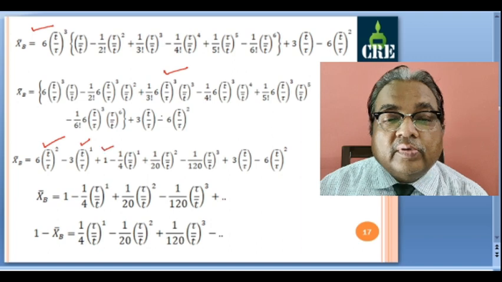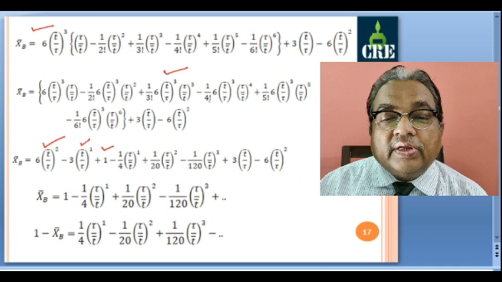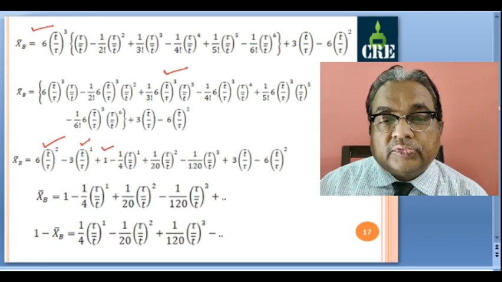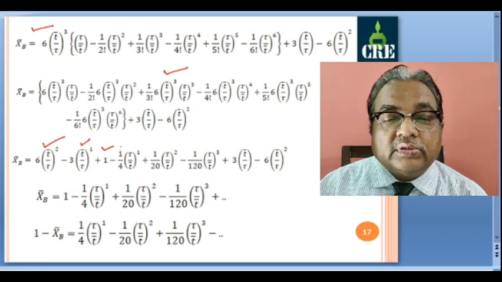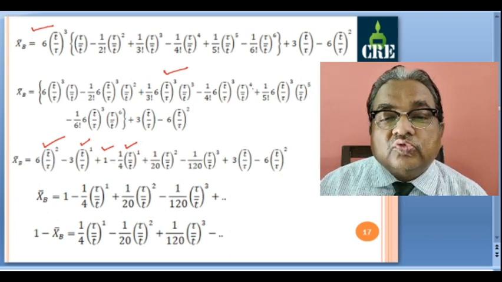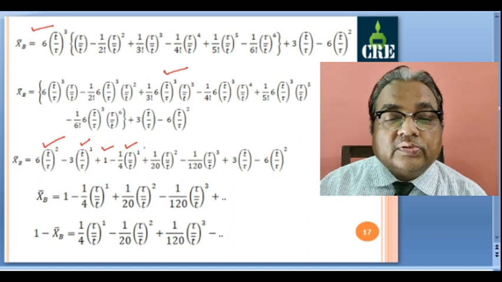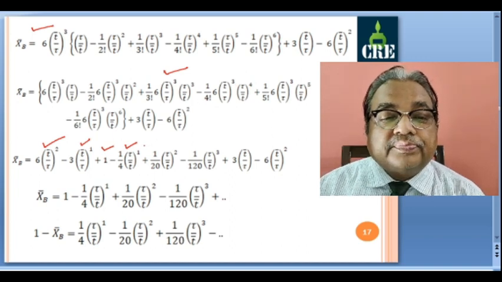Then 1 by 4 factorial, 4 factorial is 4 into 3, 12 into 2, 24. So 6 by 24 is 1 by 4, and here this is cube, this is raised to 4, so index is 1.